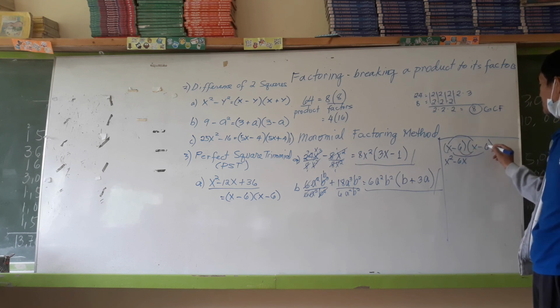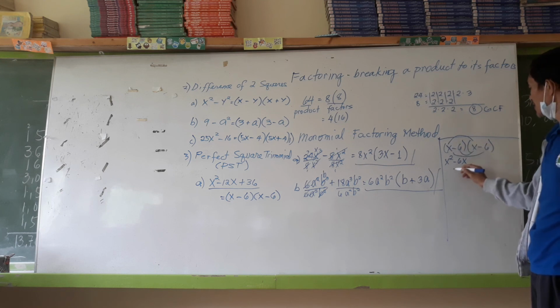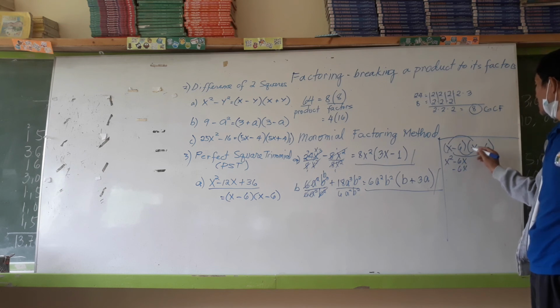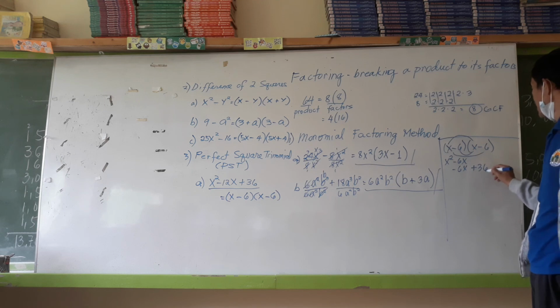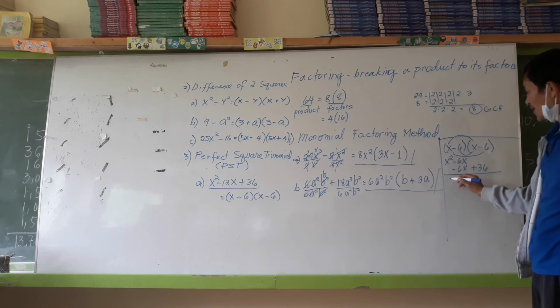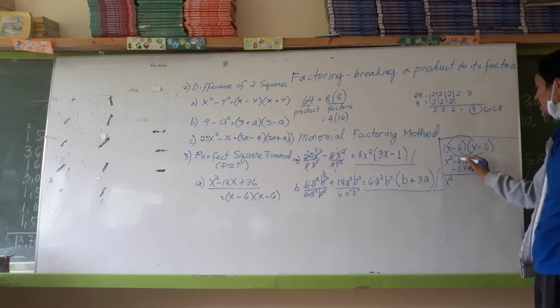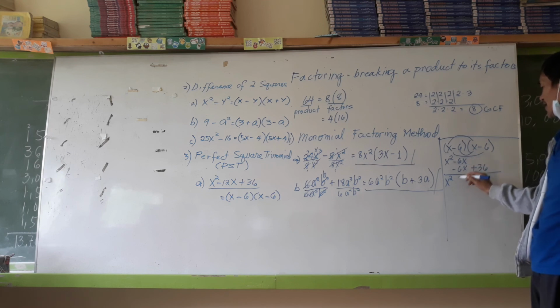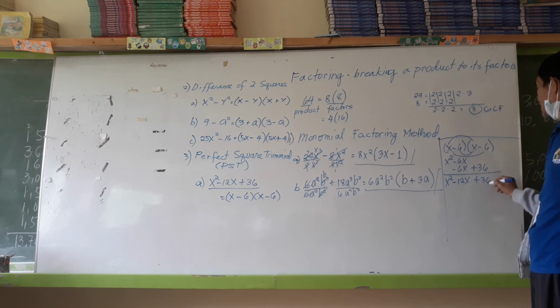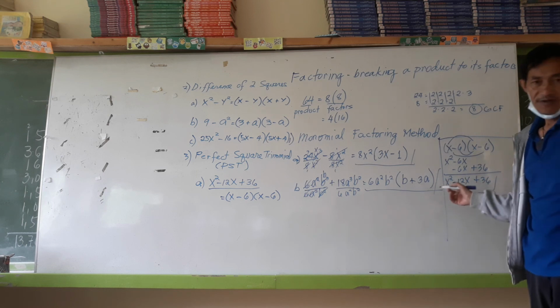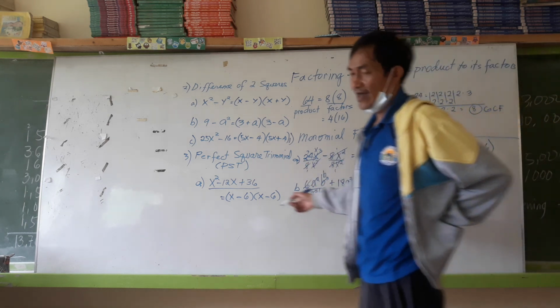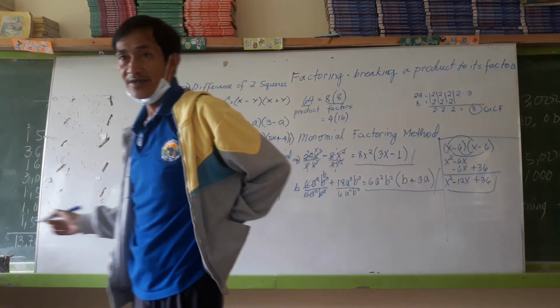Then the extremes, negative 6 times x will give you negative 6x also. Then negative 6 times negative 6, that will give you positive 36. So adding all of those terms, negative 6x plus negative 6x will give you negative 12x plus 36. There. We arrive at the same product. So our factors are correct.